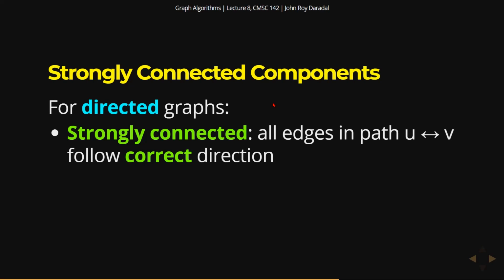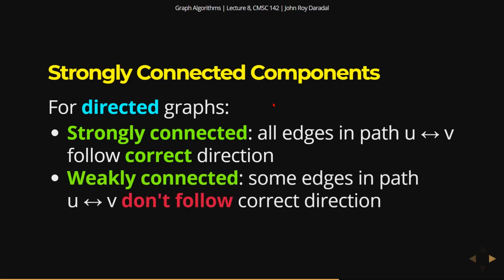So strongly connected are two vertices, U and V, if there's a path from U to V and V to U, and it follows the correct direction of the edges. Okay, so meaning if it's going forward, then you're following that one. It's weakly connected if some edges in the path from U to V do not follow the correct direction.